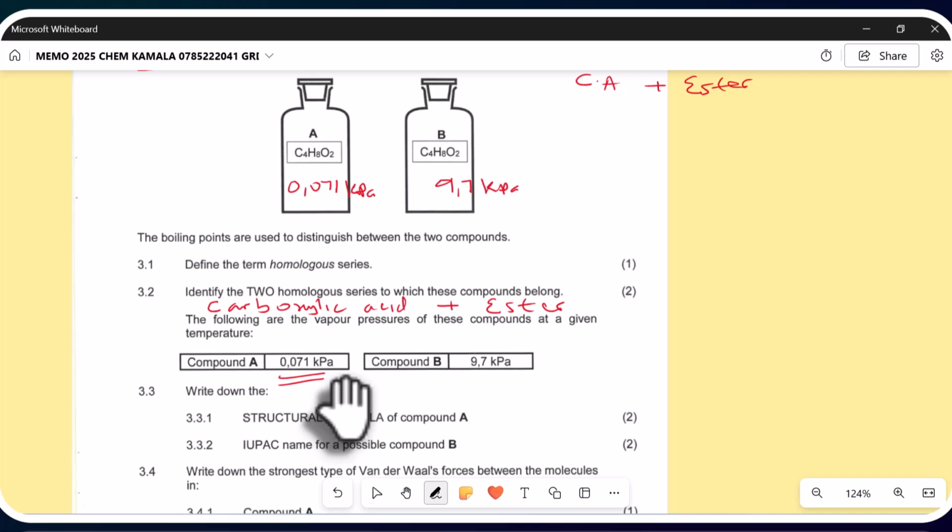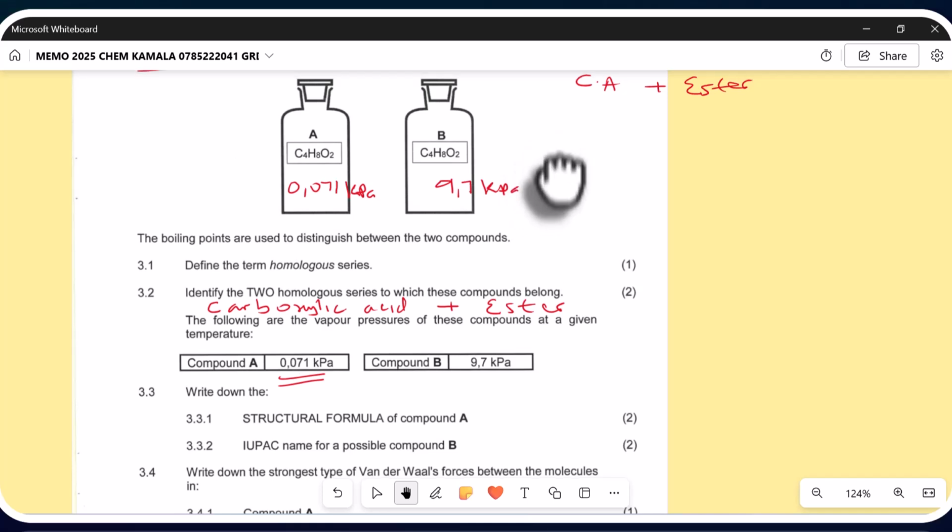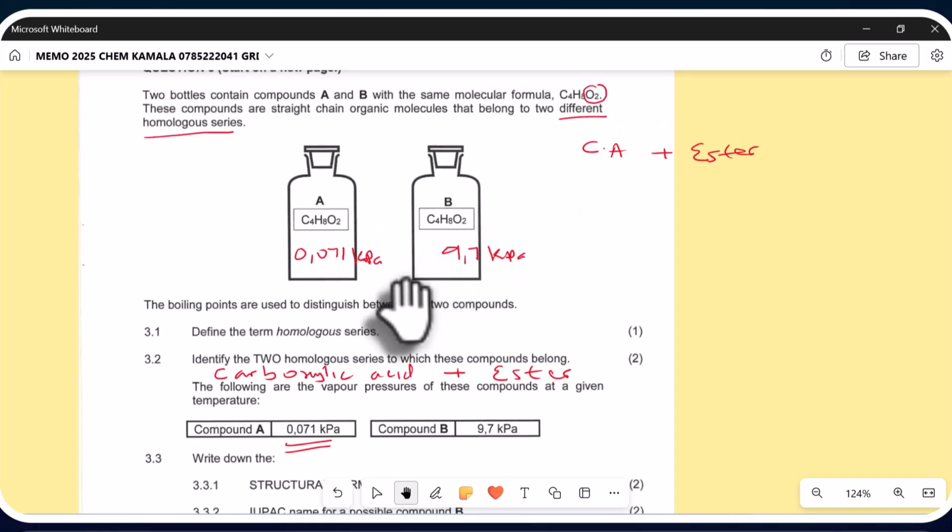Now our compound A, because they said they are straight chain organic molecules, they don't have branches. Remember that. So this carboxylic acid with four carbon atoms must be butanoic acid, but we want the structural formula here. It contains four carbon atoms, so you're going to say this is 1, 2, 3, and then 4.